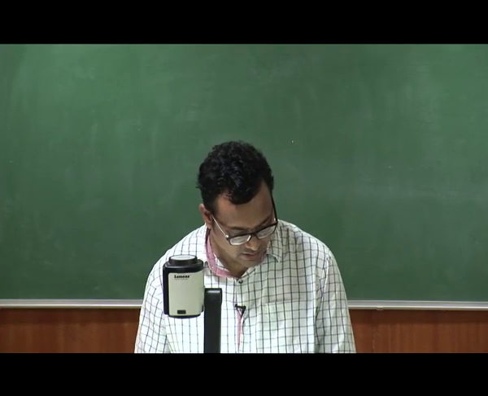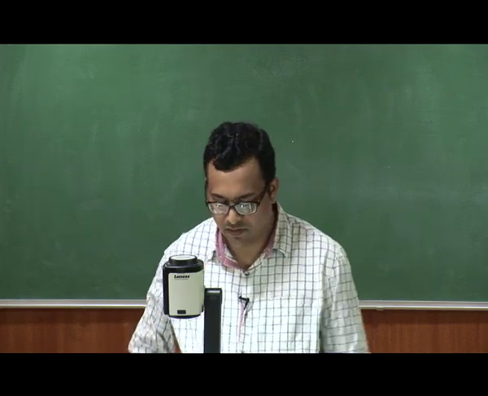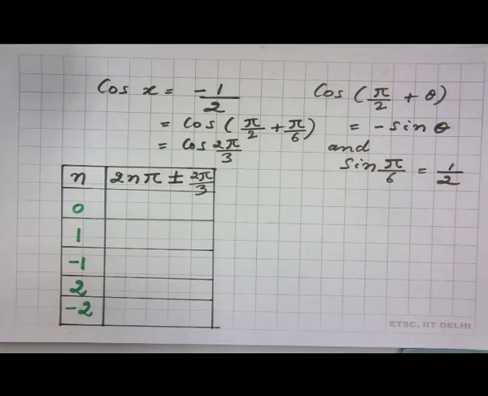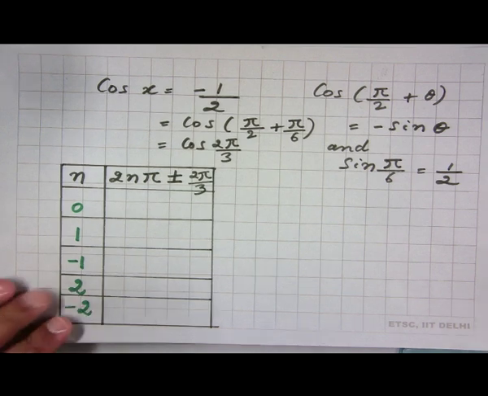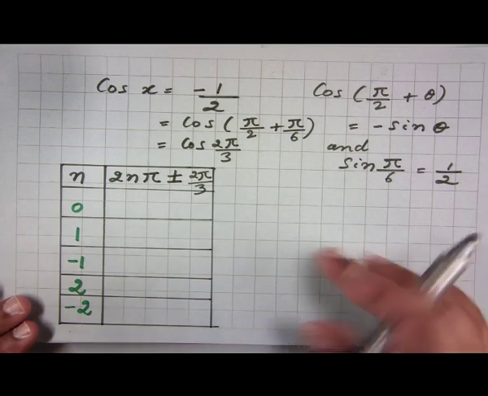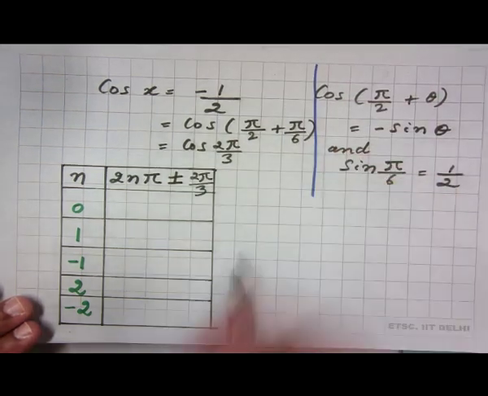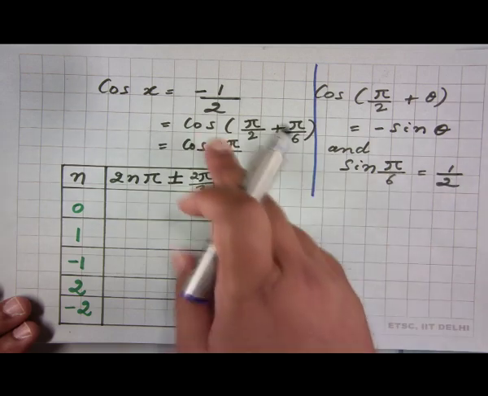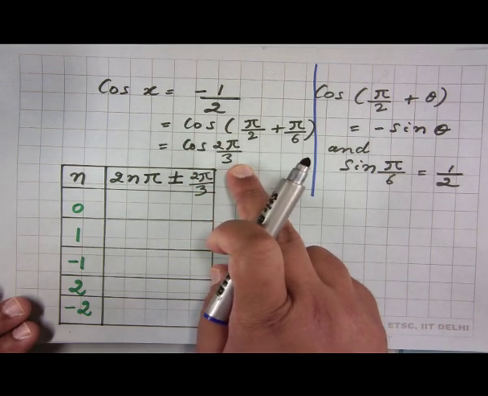So, here is a little example with cos x equal to minus half, and we know that cos of 2 pi by 3 is minus half.